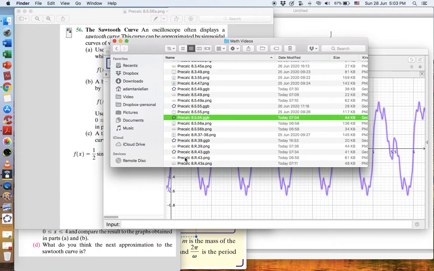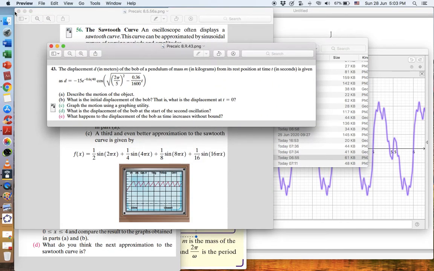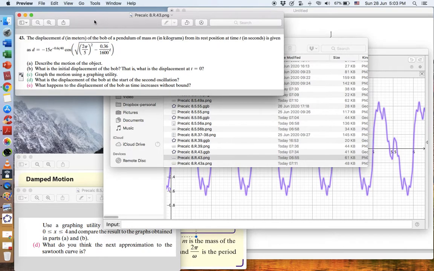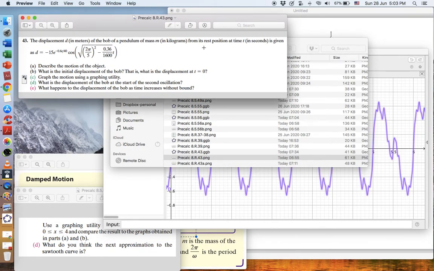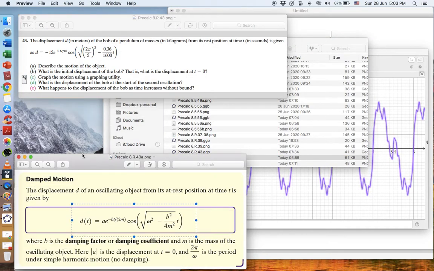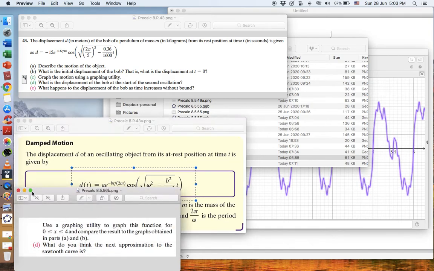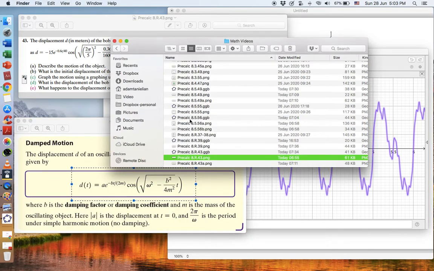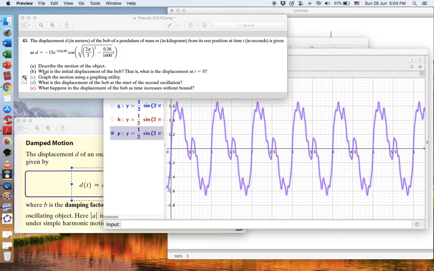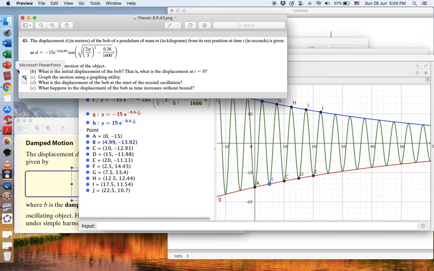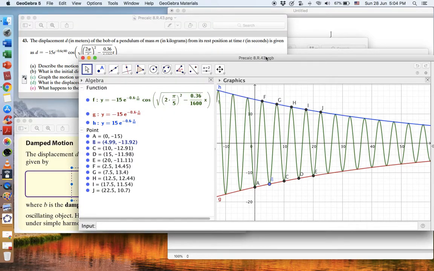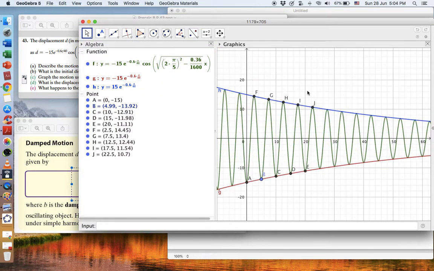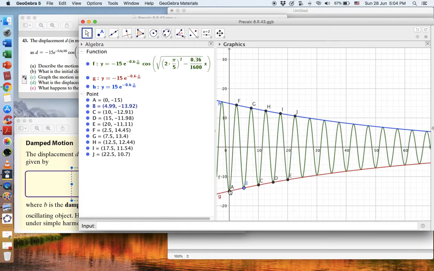All right, so let's look at another one. The displacement d in meters of the bob of a pendulum of mass m in kilograms from its rest position at time t in seconds is given by, well, it's that same damped motion function. And so I assume we're going to come up with the same questions. Describe the motion. Well, we know it's that damped function. So it starts, right? If it's a pendulum, we're going to start to the left.